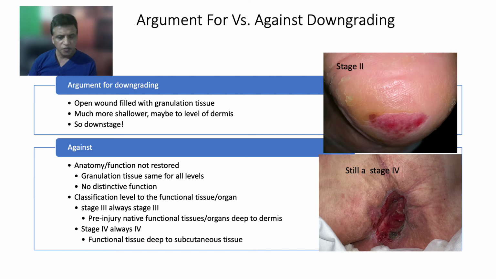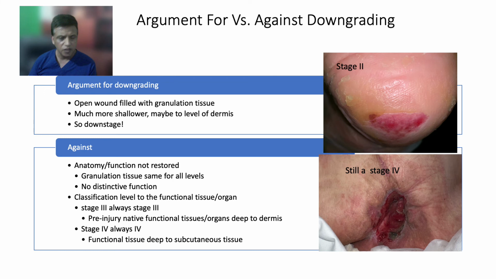The stage 4 pressure injury on the sacrum, which prior to healing extended all the way down to about 2.5 centimeters, is now only a couple of millimeters deep. It is not the same as the stage 2 pressure injury on the heel, which is about 1 to 2 millimeters deep and is healing now.